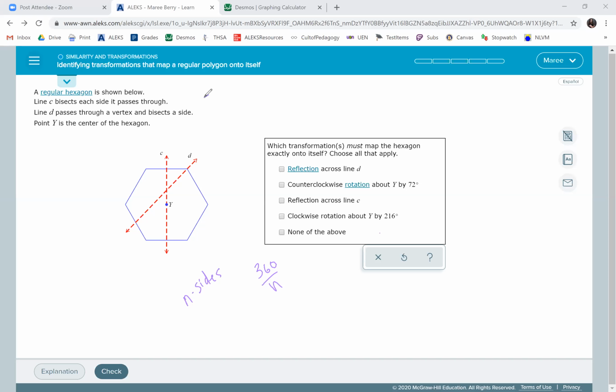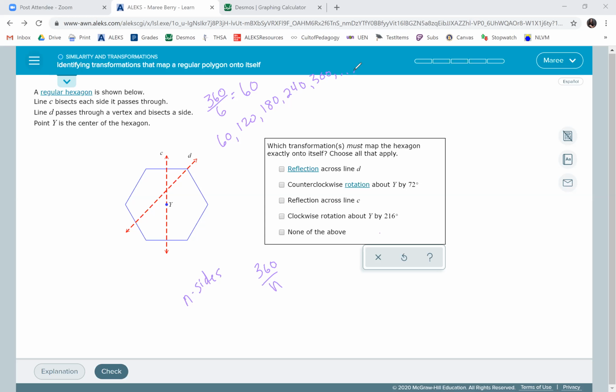Let's take 360 divided by 6. That is equal to 60 degrees. So if we are rotating 60, 120, 180, any multiple of 60, can you see how we're just doing multiples of 60? Let's see, 240, what comes after 240? 300 degrees.